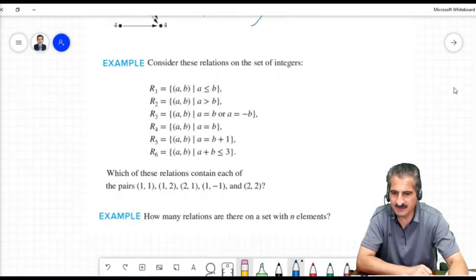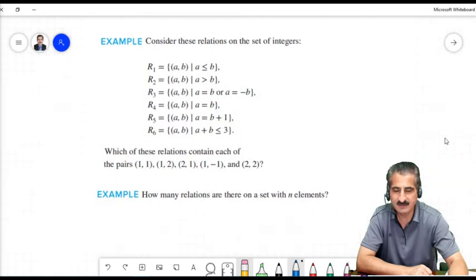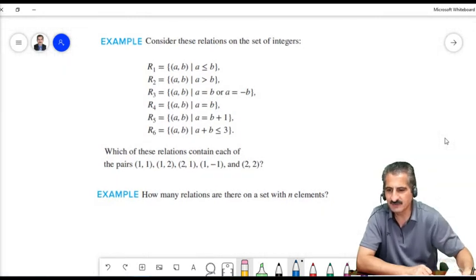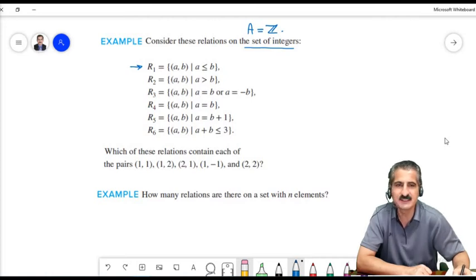Another relation on a set, from a set to itself. So here we are using the set A to be the set of integers. And we are defining 6 relations now on the integers. The first relation says that we define a to be related to b if a is less than or equal to b.